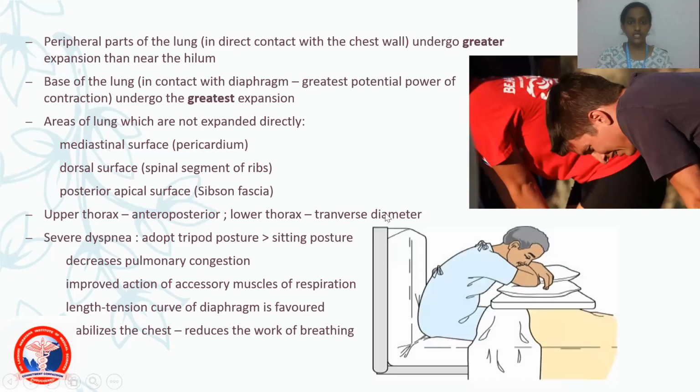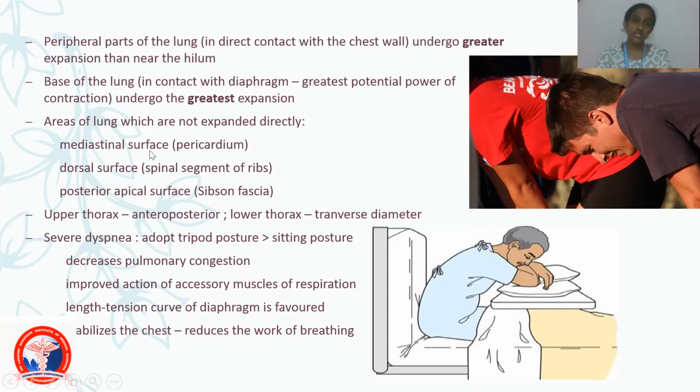These are just a few points about compliance. The lung portions which undergo the maximum expansion will be the peripheral parts of the lung, which are in direct contact with the chest wall, rather than the center portion, that is, the hilar portion of the lungs. The hilar portion will have comparatively lesser compliance, while the peripheral portions will have more compliance. Similarly, the base of the lung will undergo the greatest expansion, that is, the part of the lung which is in contact with the diaphragm.